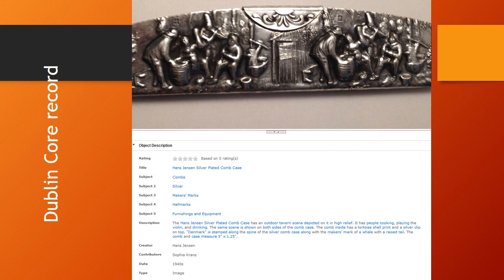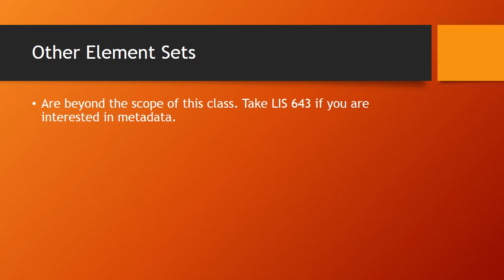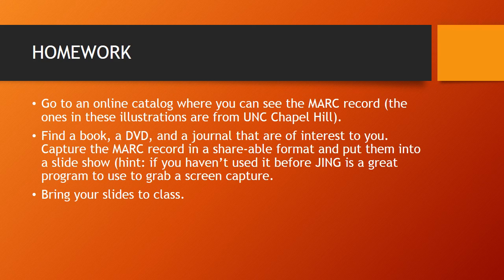And this is a student project from the class that I teach, LIS 644. There are lots of different element sets. We're not going to go into very many of them in this class, but I suggest you take LIS 643 if you are interested in metadata next semester.